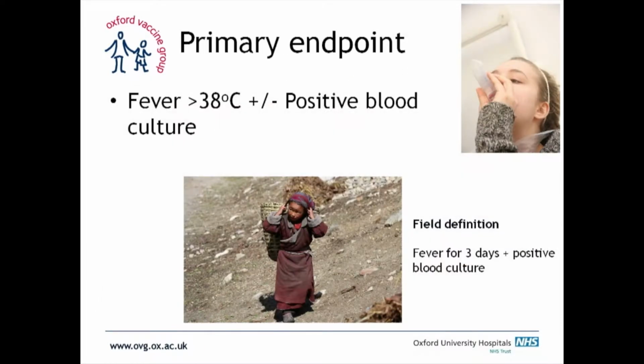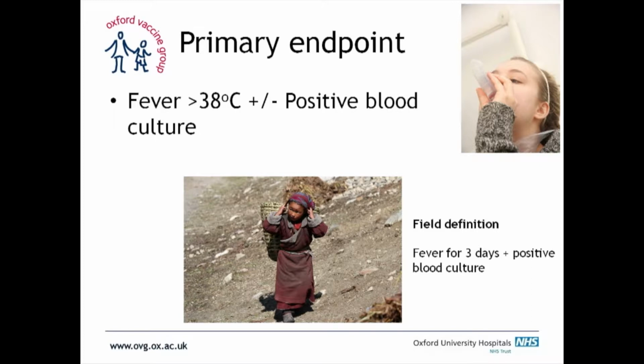So the primary endpoint that we'll be presenting in the studies today is a fever greater than 38 degrees, plus or minus a positive blood culture. And we do take blood cultures every day to try and identify anyone who is developing typhoid. So some people don't have any fever, some have a fever.